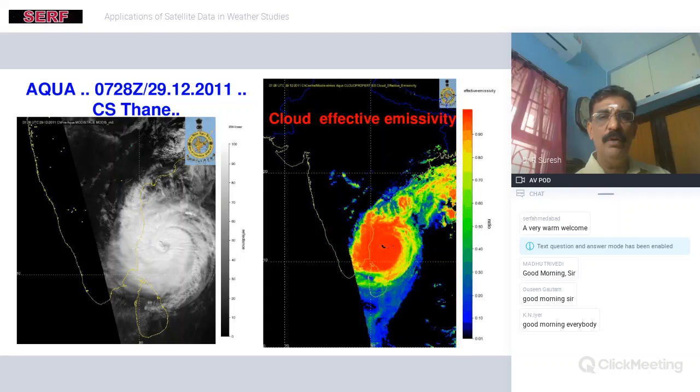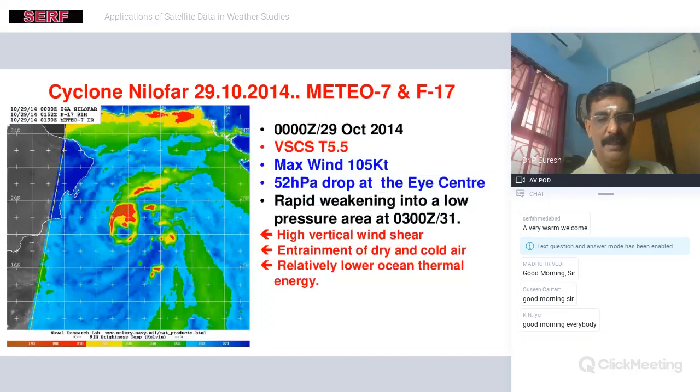Both are revealing the eye of the storm, and the cyclone signatures are very nicely captured. These sorts of high sensitive resolution imageries are helpful in identifying the cyclonic storm, especially from the disaster management point of view, and for alerting the common public as such.